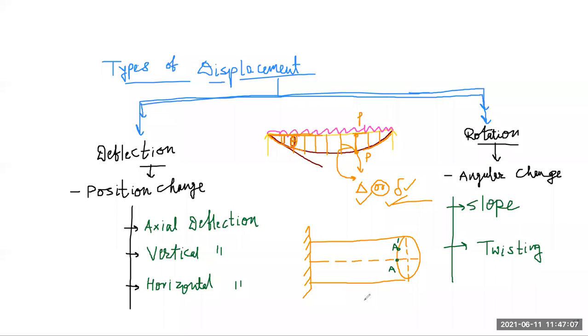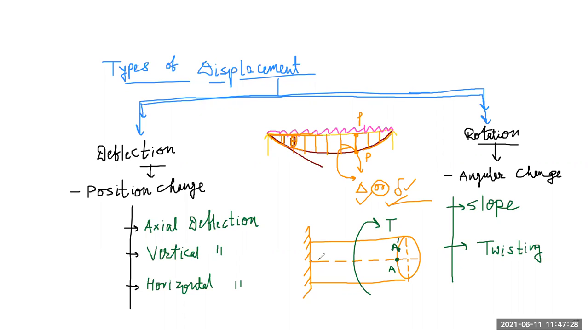Suppose you apply a torque here. Due to application of this torque, the point A which is on the longitudinal axis moves to this position. This position I write as A dash.